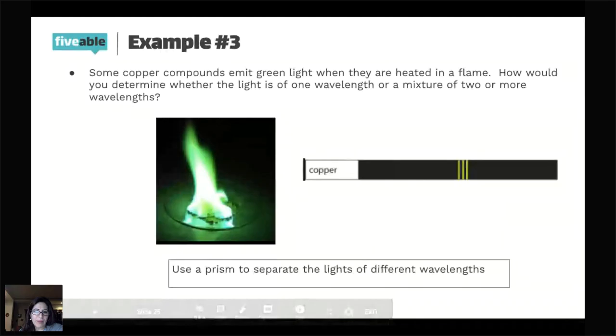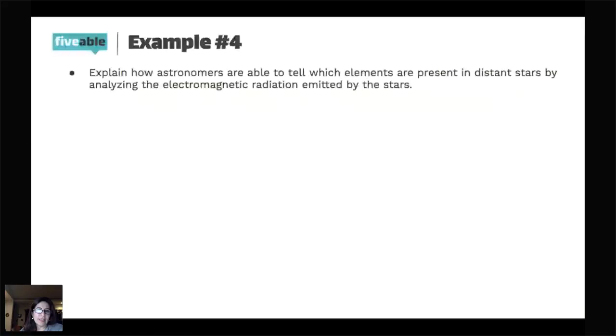Okay, another problem related to the atomic spectrum: explain how astronomers are able to tell which elements are present in distant stars by analyzing the electromagnetic radiation emitted by the stars.